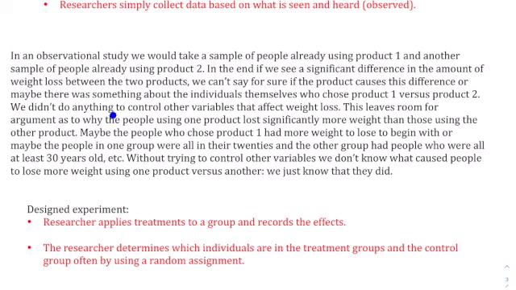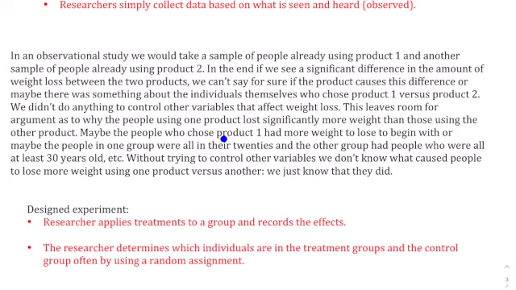We did not do anything to control other variables that affect weight loss. This leaves room for argument as to why the people using one product lost significantly more weight than those using the other product.